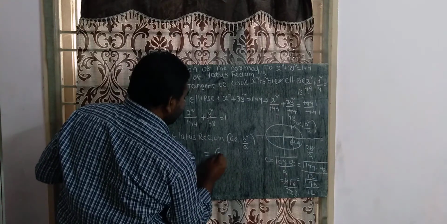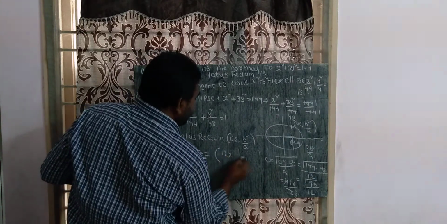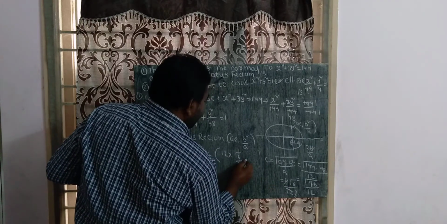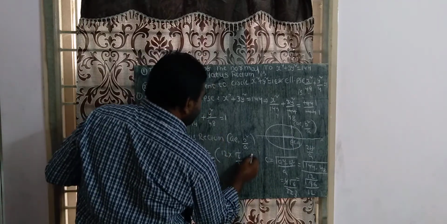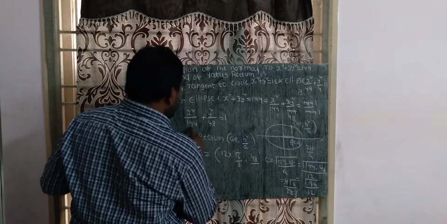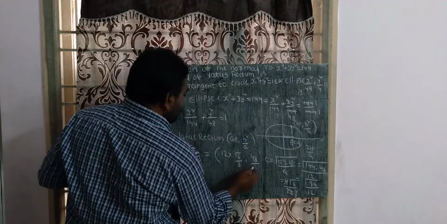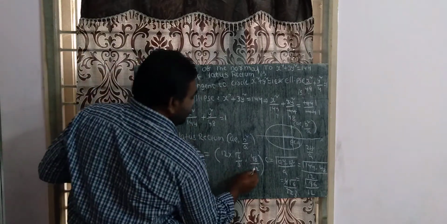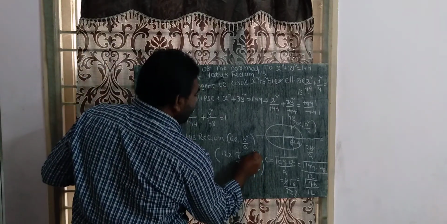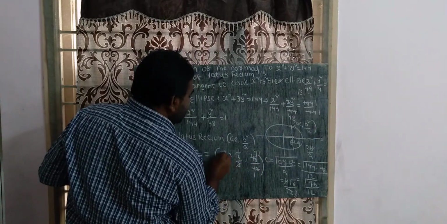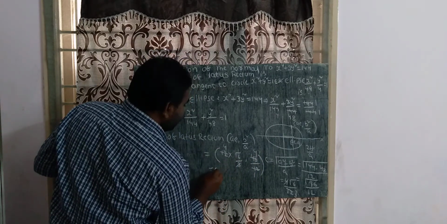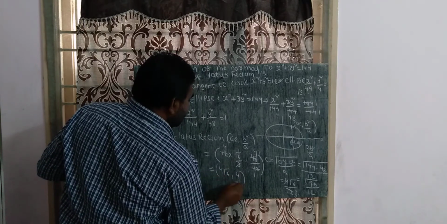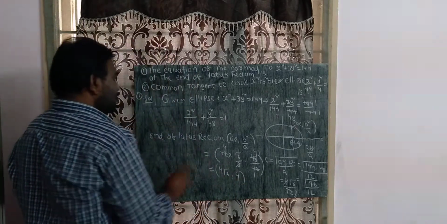So that is equal to 12 into e value root 6 by 3, comma b square value 48 by a value 12. 12 times root 6 by 3 is 4 root 6, and 48 by 12 is 4. So the end of the latus rectum is (4 root 6, 4).